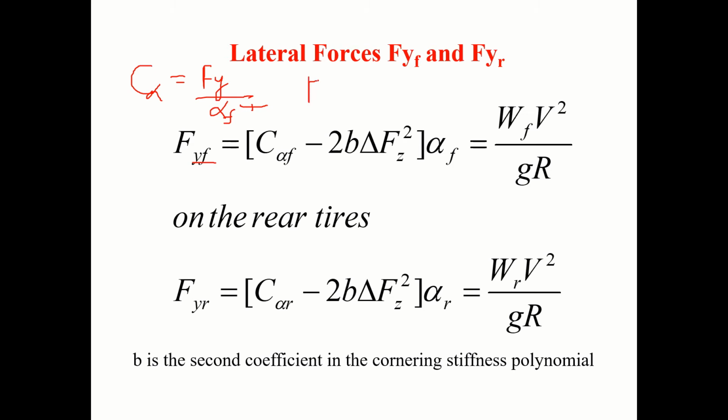So lateral force FYF should have been C alpha F into alpha F. But I have considered the second order effects. If I start expanding this, it will be in this form. Second order effects I have considered, and that's what this part has subtracted.